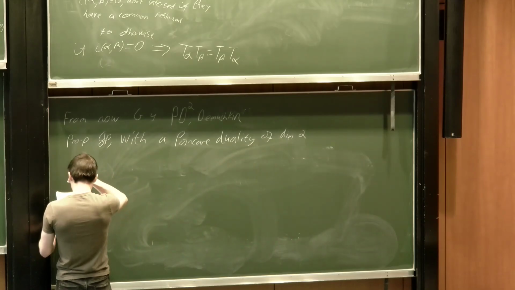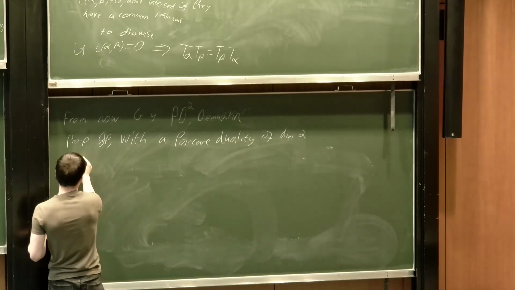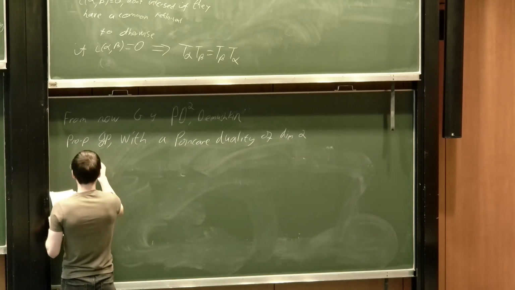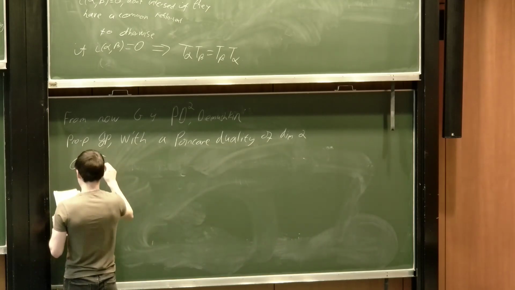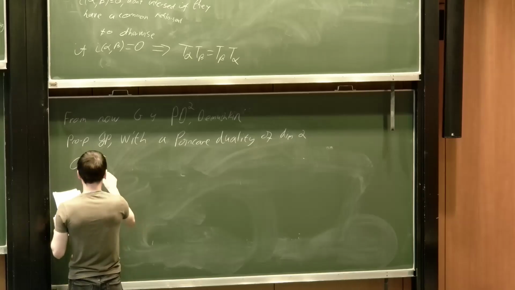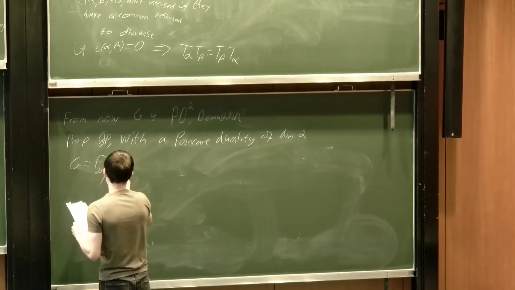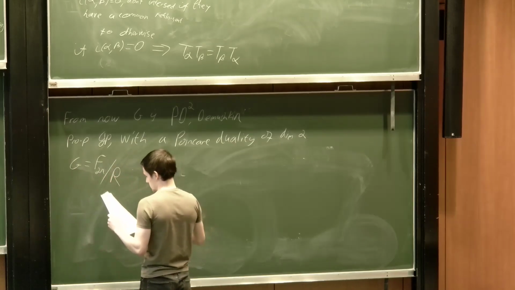And the structure theory for these is that every such group has the following presentation. It can be described as a free group on 2n elements mod a single relation.